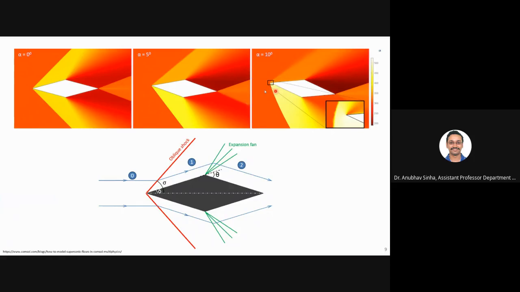Whatever orientation you have, that may change your flow field a bit, how the flow is approaching or attacking, how basically you can change lift by changing this angle. Some parameters will definitely change depending on orientation, but what remains constant is that whenever you have supersonic flow, you will get shock irrespective of whatever orientation you have.